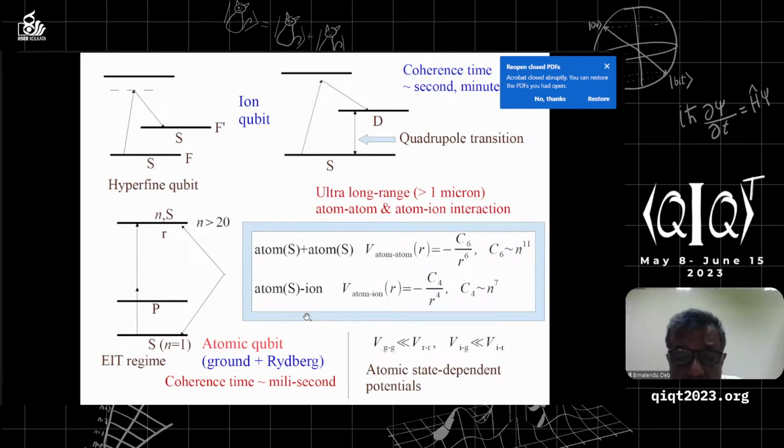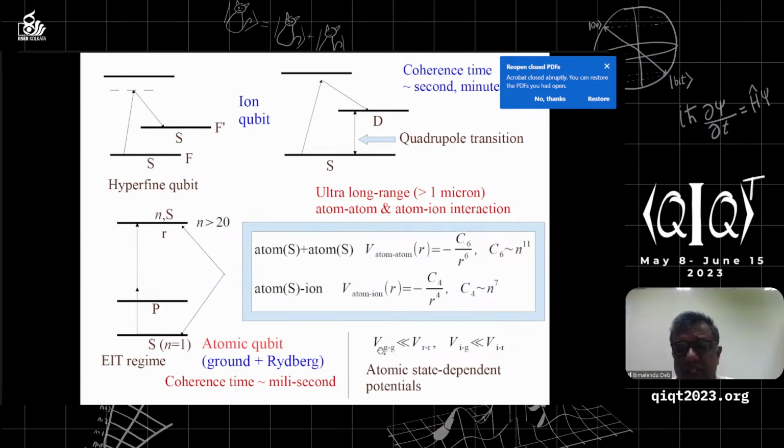Then what we find is that the ground state interaction between two neutral atoms, and the Rydberg interaction at a separation of, say, a few microns, is negligible. There is no interaction. Even in a typical optical lattice, the separation between two sites is half a micron.